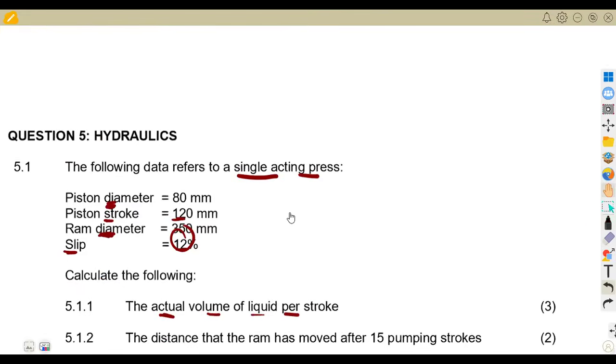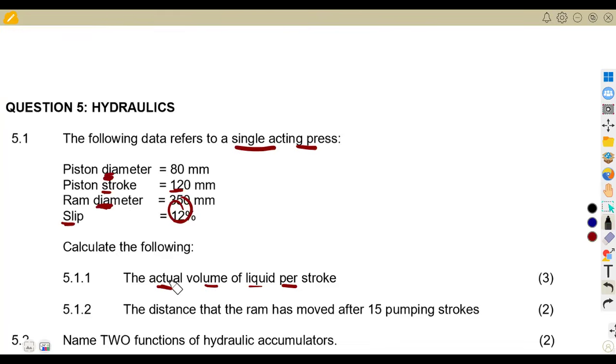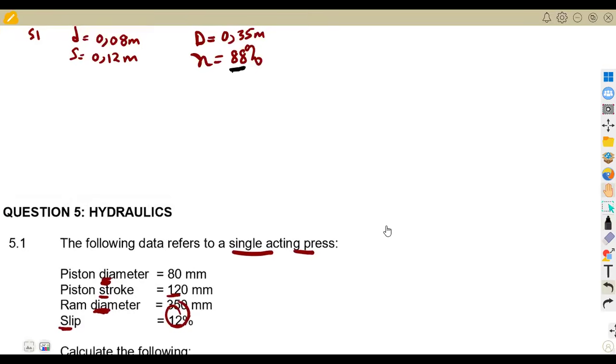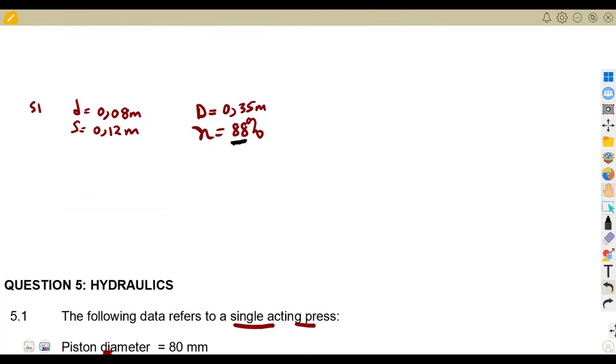All right, this is not part of it, as the question here was the actual volume. So in order for us to have the actual volume of the liquid per stroke, what are we going to do in this case? We need this from the efficiency. So the actual volume is going to be affected by the efficiency.